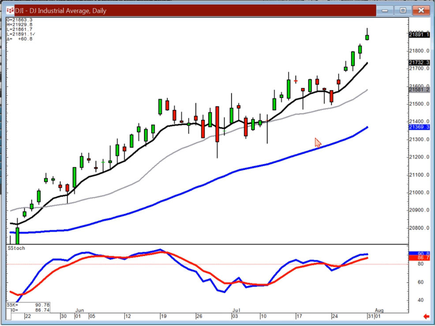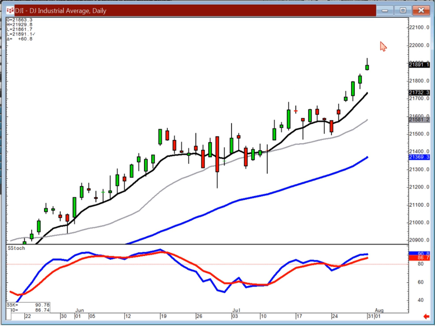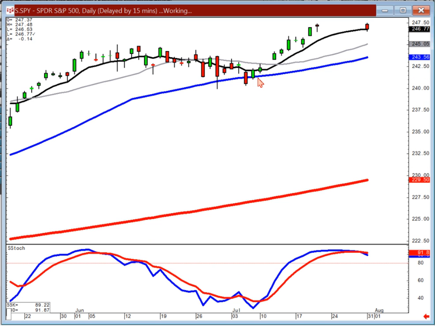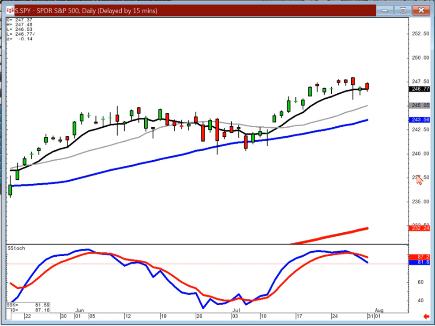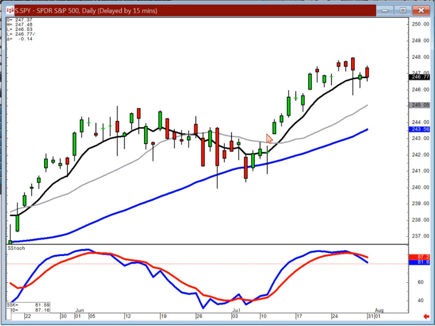So what it's really telling us is we've got one index moving up, and we've got the NASDAQ moving down, and we've got the S&P kind of going flat. So it's basically telling us that there's no money coming out of the market, and no money going into the market, really. They're just shifting from sector to sector.